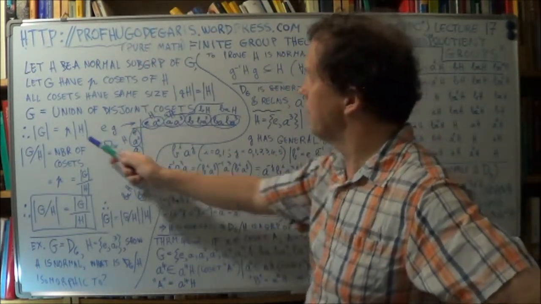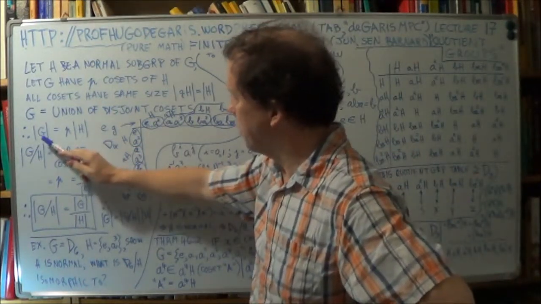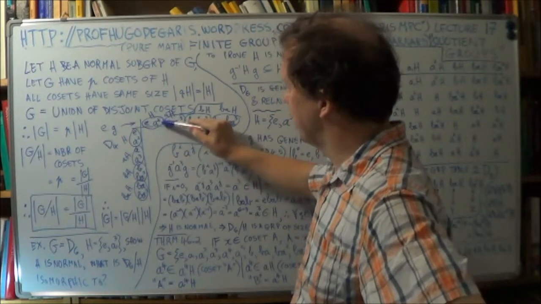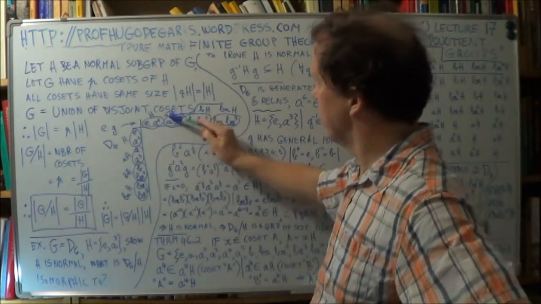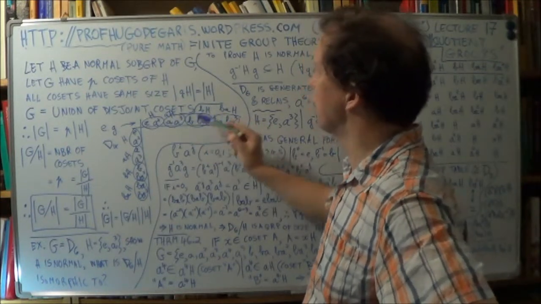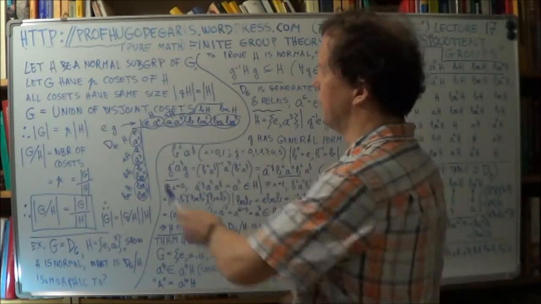All these cosets have the same size as each other. So what's the size of H?